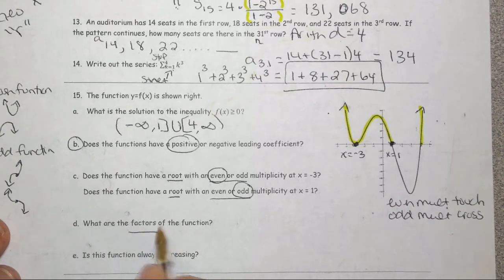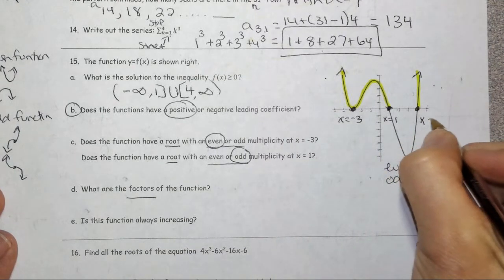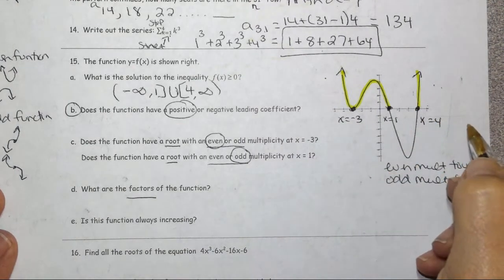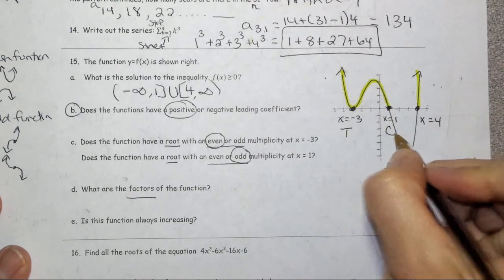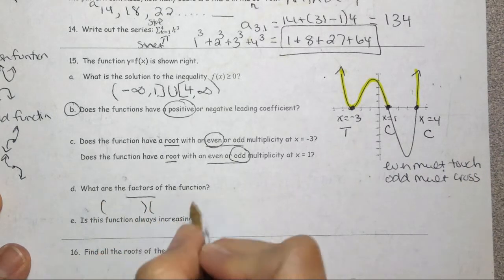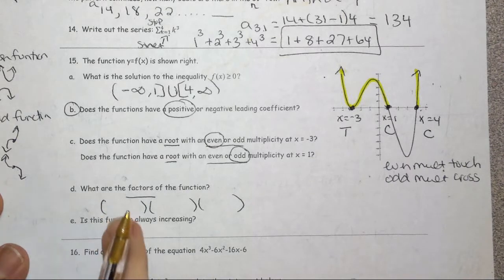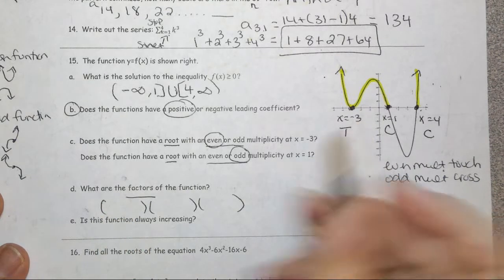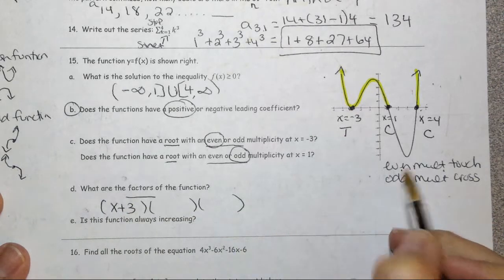So when you go to write the factors for this, you need as many factors as you have x-intercepts, and I have 3 of them. At -3, I touch. At 1, I cross. And at 4, I cross. You always write the opposites inside. So I have x plus 3, and because it touched, I need an even power.